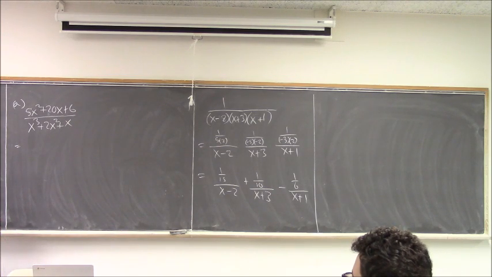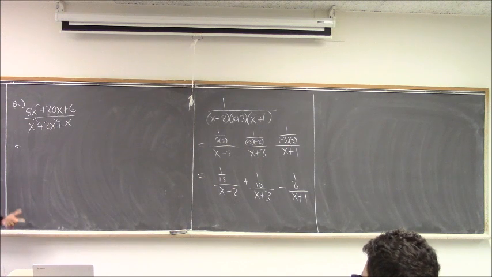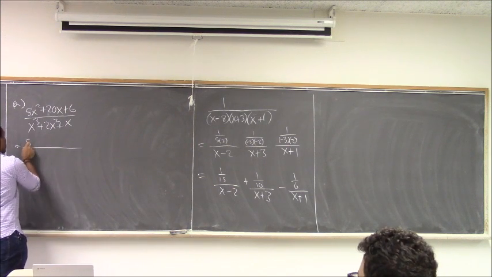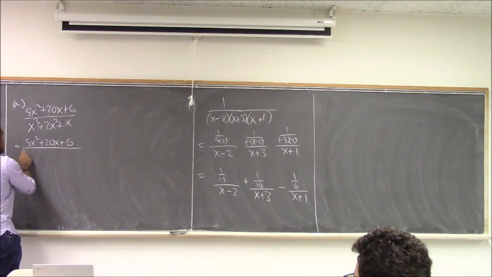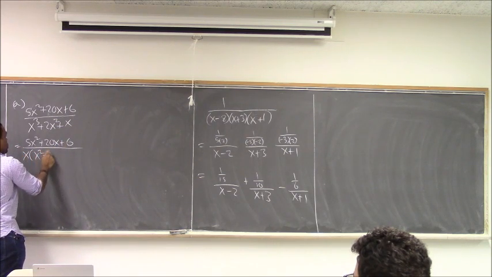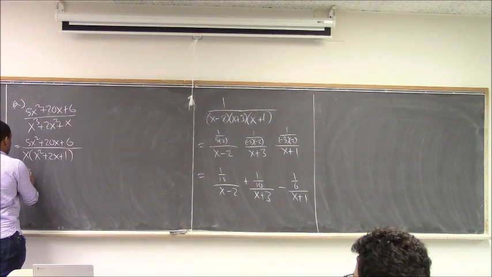Is it proper? Highest power on top is a 2, highest power on the bottom is a 3, so it is proper. So now I can go into the method. The next step is to factor the denominator, which is x times x squared plus 2x plus 1, which is x plus 1 squared.